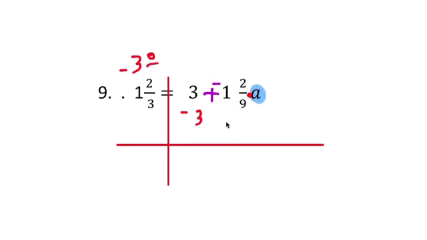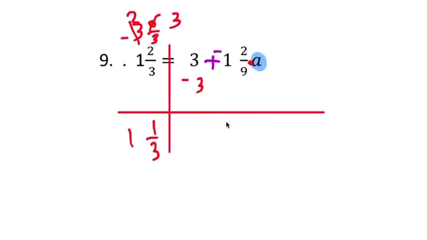This is 0 over 3, and I can't subtract. I need to borrow. Okay. I borrow, that 0 becomes 3 whole. Add 0 plus 3, it's 3. This is 1 and 1/3 equals negative 1 and 2/9 A.